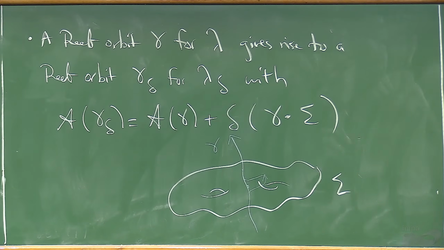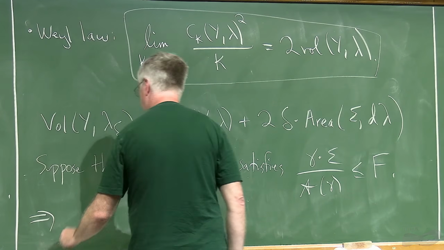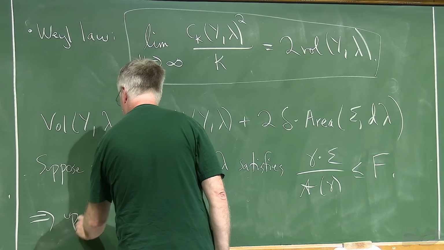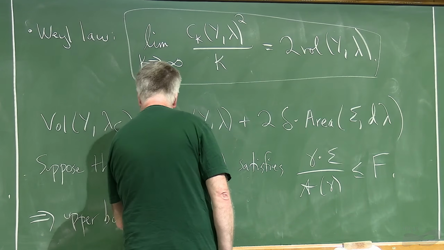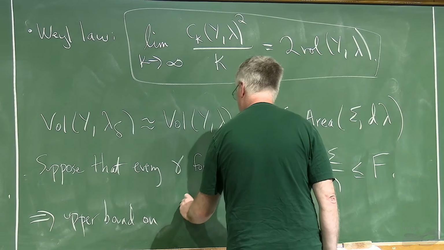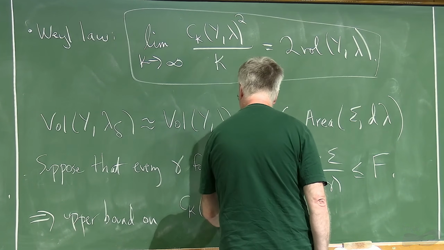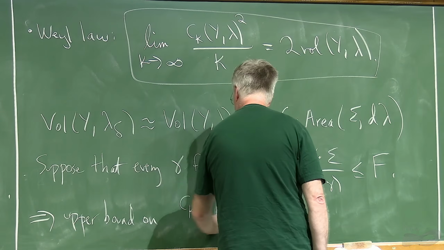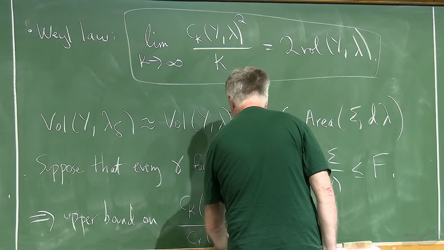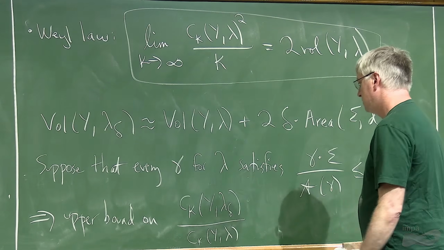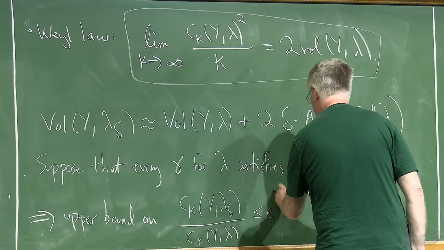So this gives you an upper bound on the spectral invariant of Y lambda delta divided by the spectral invariant of Y lambda. That's going to be less than or equal to e to the delta f.